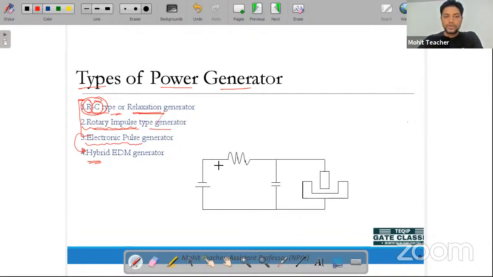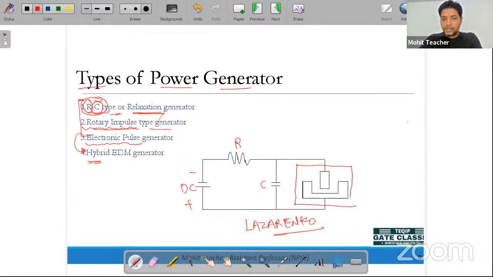This circuit we also discussed yesterday. This is nothing but the Lazarenko circuit. So this is the power supply, with the negative and the positive side. This is the DC power supply. This is the resistance, and this is the capacitance that is represented by C. Then we have the tool and workpiece assembly over here.